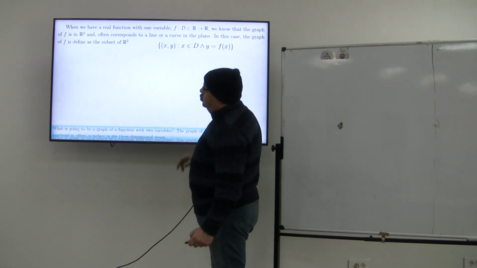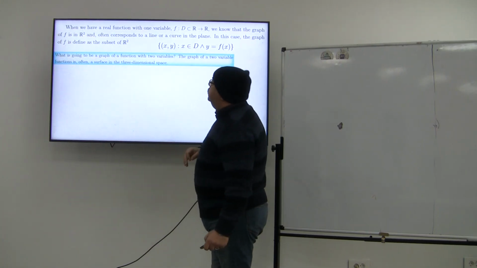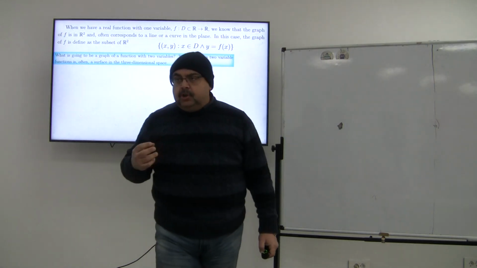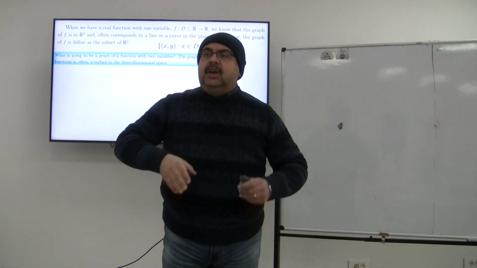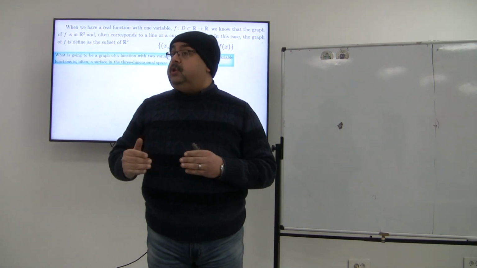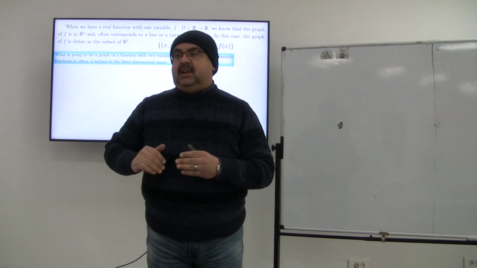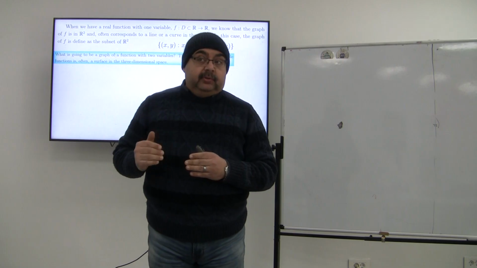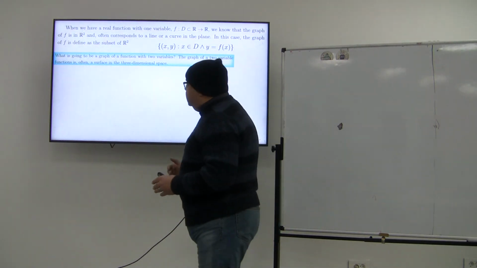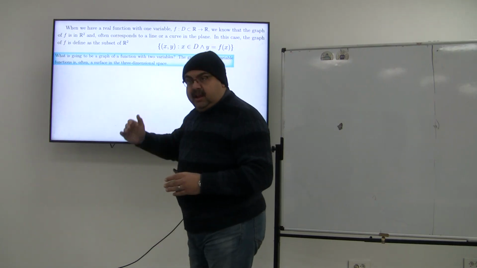You have 2 coordinates. What's going to be the graph of a function with 2 variables? For a function with 2 variables, in this case, you will be dealing with a surface. So we will move to surfaces like spheres, like ellipsoids, like hyperboloids of 1 sheet or of 2 sheets, or whatever. This is the second step or the higher level.